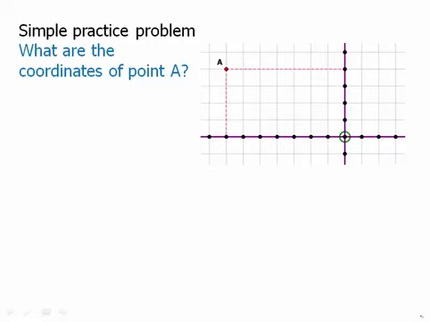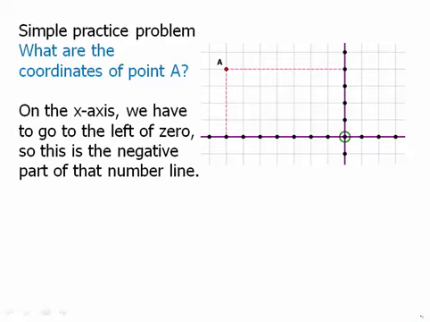Okay, so this is actually much easier than anything you'll see on the test. It may be that this would be part of another problem on the test. But we want to know, what are the coordinates of this point? Well, first of all, notice that we're to the left of the y-axis. We're on the left side of the xy plane, and so this would be where that horizontal number line is negative. And so the x-axis, because we're to the left of 0, we're in the negative part of that axis.